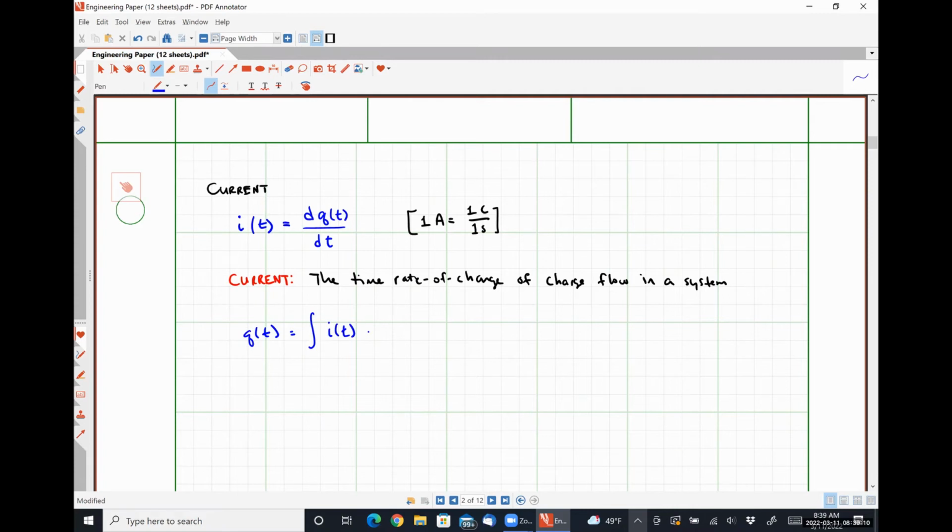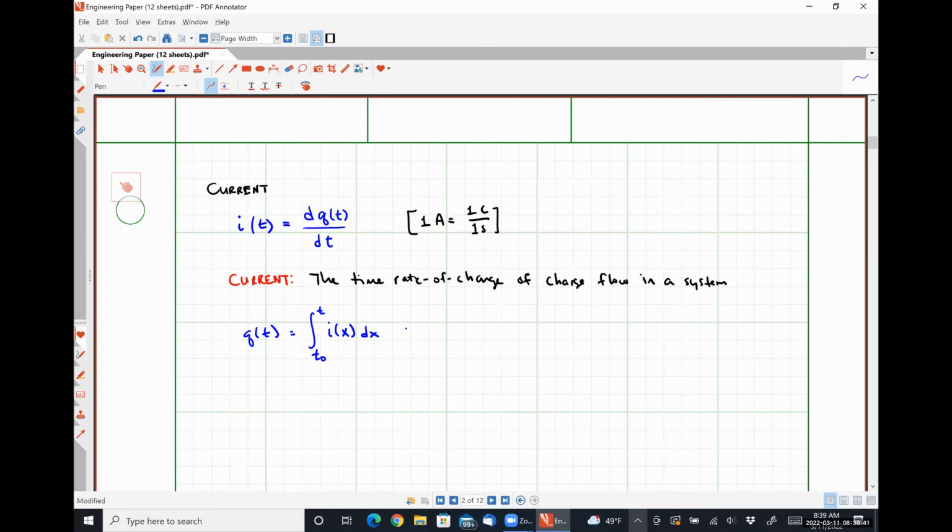And actually, I'm going to use dummy variables here. So I'm going to call this I of x dx. And the limits of my integration are going to be as such: T naught to some later time t. What T naught represents is a time at which we know what the charge is, so it's an initial condition on the system.